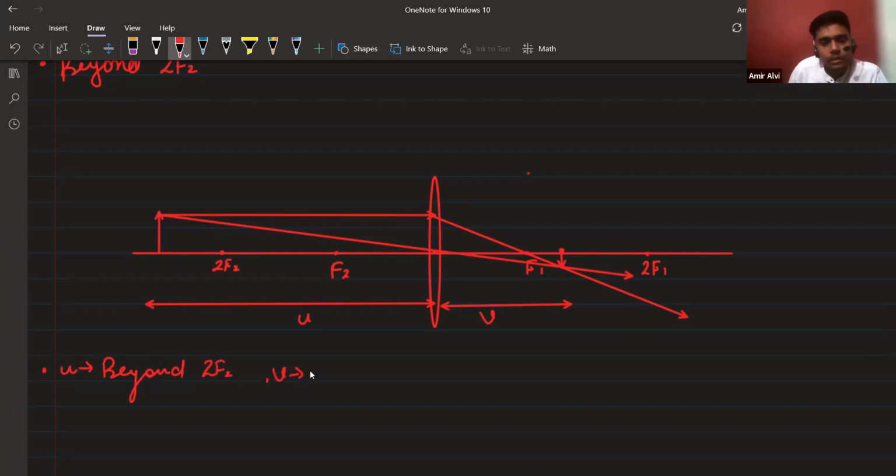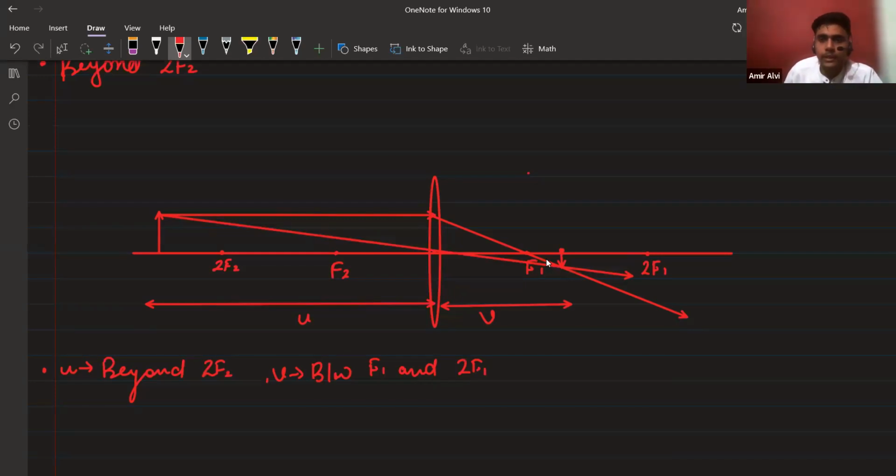V is at between F1 and 2F1. Clear? Yes or no? Now you can see that the object is coming towards the optical center and the image is going away from the optical center. You can see that the same thing happens in the mirror as well.